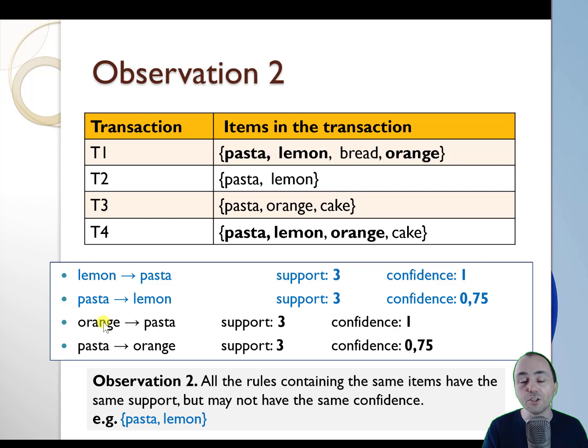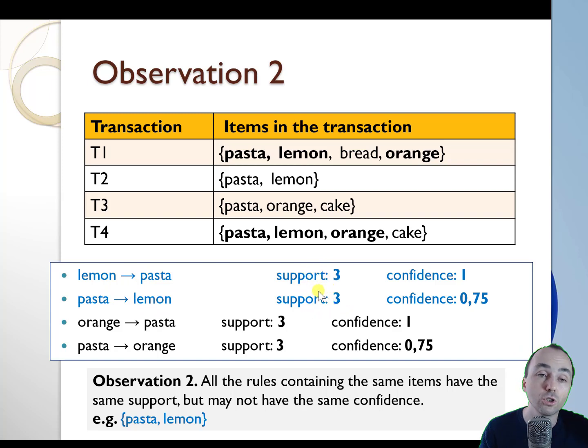Okay, so let's continue. Now, if we look at this more closely, we can make a second observation. It is that all the rules that contain the same items will have the same support, but maybe not the same confidence. So here, for example, lemon pasta or pasta lemon, they will always have the same support.